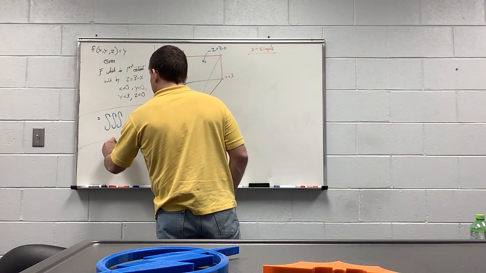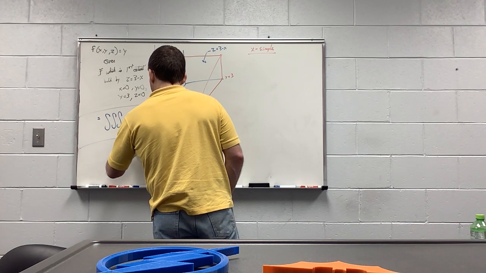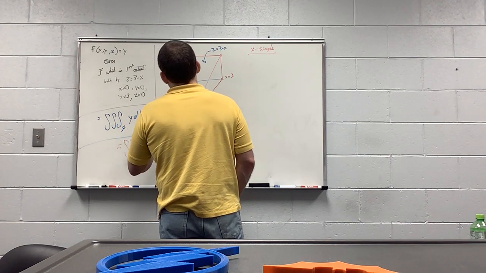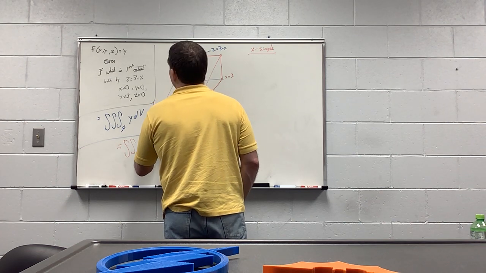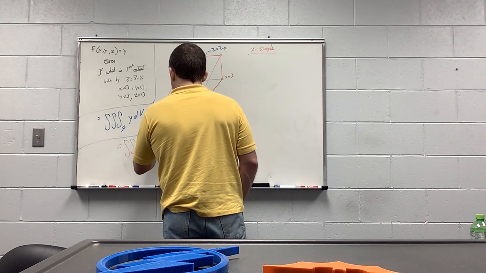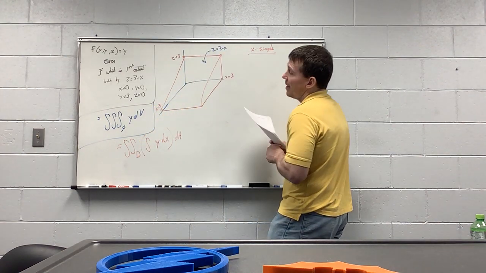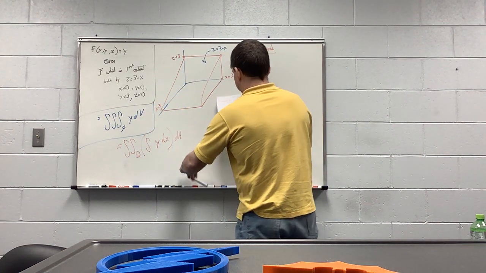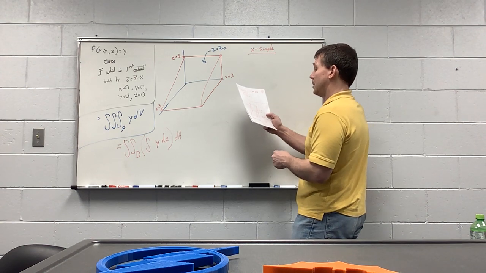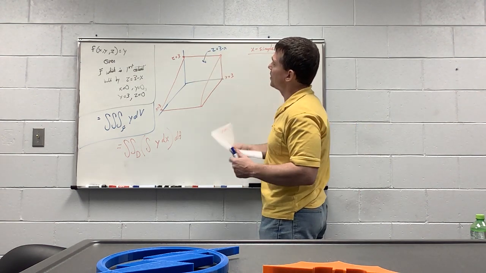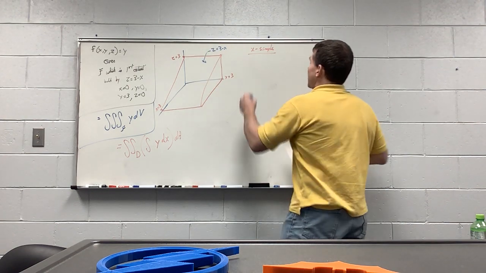But that tells me this is the double integral over D of the integral. I need to find my limits on x of the function, which is y, dx, dA. Now I find my limits. The back wall where I enter is always x equal to 0.